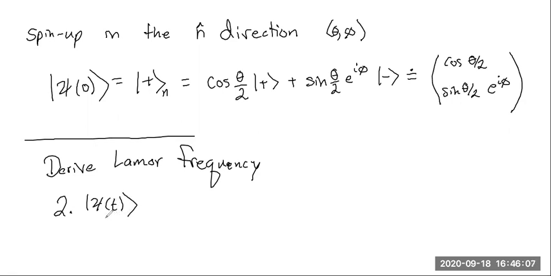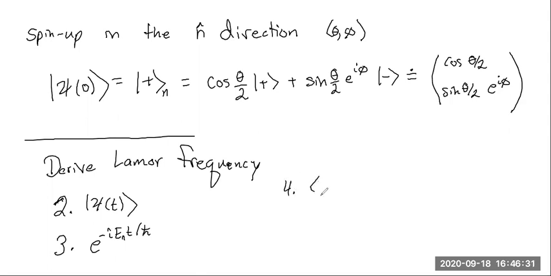We have to write it in terms of the energy eigenstates, which we've already done. And then step 3, we include this e to the minus i times the energy of whatever particular state it is, times t over h bar. We include these factors. And then we will look at step 4.